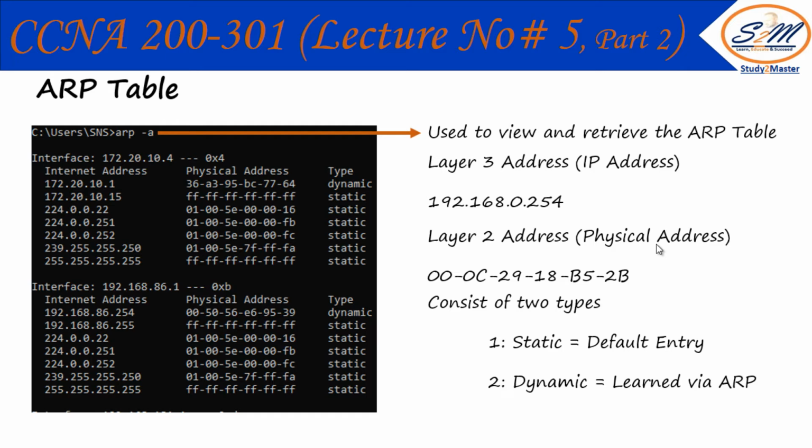So this picture shows us the layer 2 address and layer 3 address. The ARP, as I told you, has two functions, ARP request and ARP reply. But here, the ARP table also shows us two types of entries, static and dynamic. Static means a default entry, which has been entered by the system, and dynamic means learned via ARP.